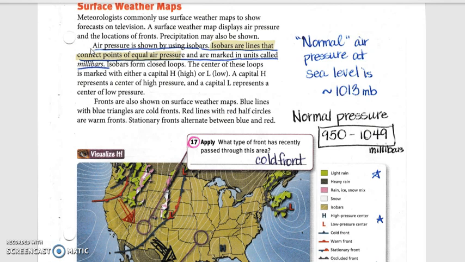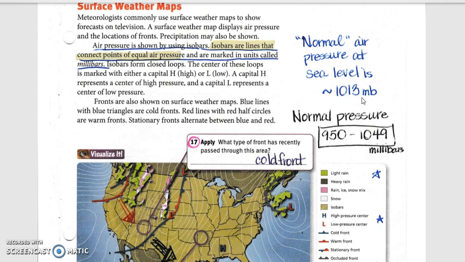We've talked a little bit about millibars just because we've talked about hurricanes, and we've talked about the fact that a hurricane is a low pressure center, and so its millibar reading is considerably lower than normal atmospheric pressure. Okay, go ahead and write in over here that normal air pressure, normal atmospheric pressure, at sea level is about 1,013 millibars.